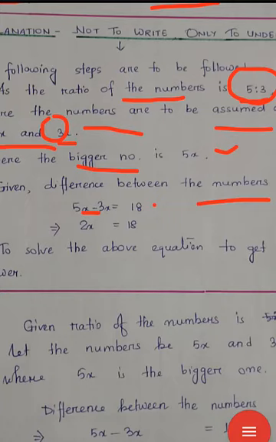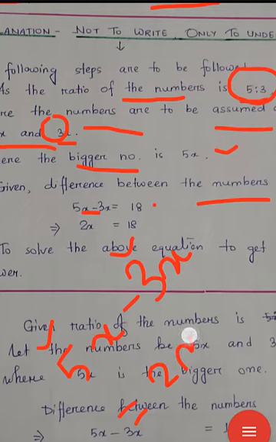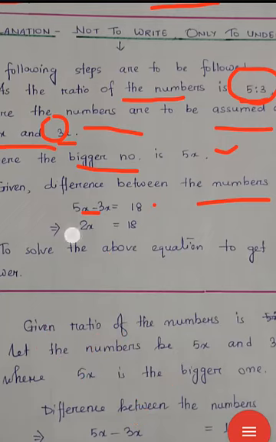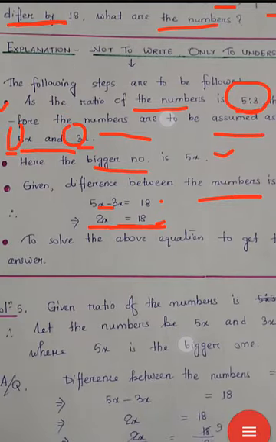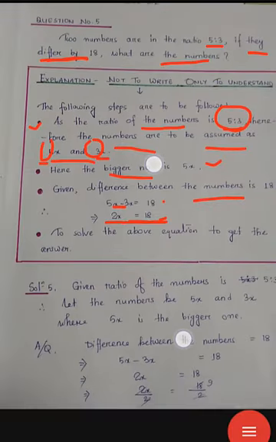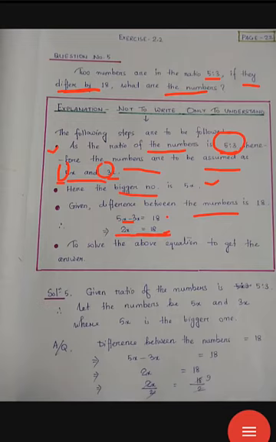When we subtract 3 times x from 5 times x, we shall get 5 minus 3, it is 2, and along with it the variable will be there. So this results into 2x, which is equal to 18. Now on solving this linear equation in one variable, we can get the value of x. Once we get the value of x, we can determine the values of 5x and 3x.